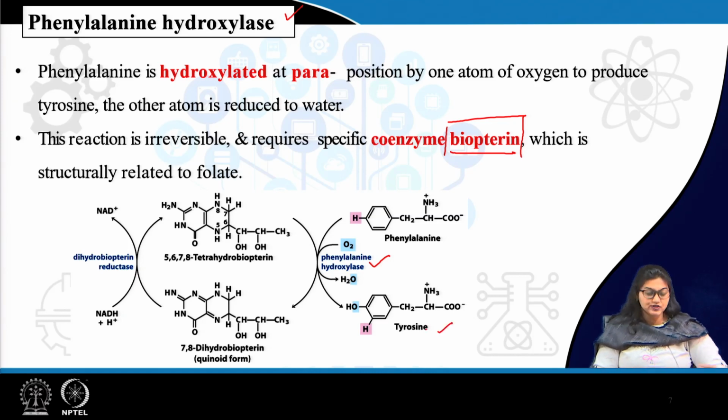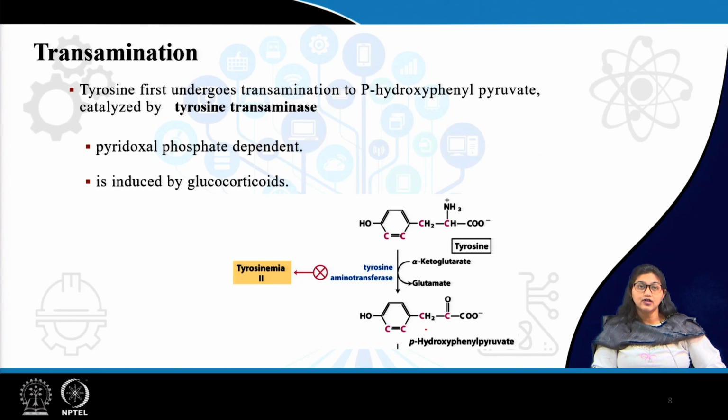So, you remember that tetrahydrobiopterin forms dihydrobiopterin, whereas phenylalanine hydroxylase by hydroxylation forms tyrosine. Now, this tyrosine undergoes transamination with the enzyme tyrosine aminotransferase or transaminase. Like all the transaminases in our body, tyrosine transaminase is also a pyridoxal phosphate dependent enzyme and can be induced by steroids.